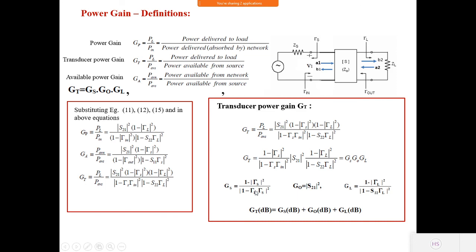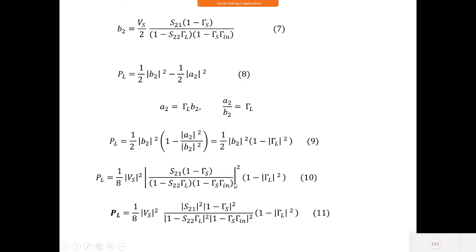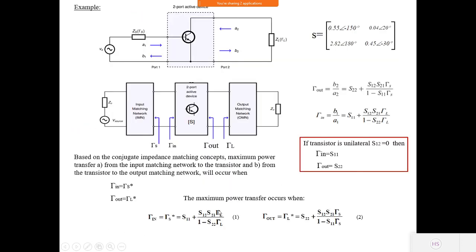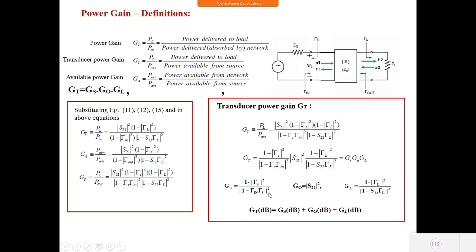And Gamma in, you already did in the previous classes: the reflection coefficient Gamma in equals this. It depends upon the S parameters of the network. Similarly, Gamma out also. So Gamma in you can calculate, Gamma S is given, so here you can calculate GS.